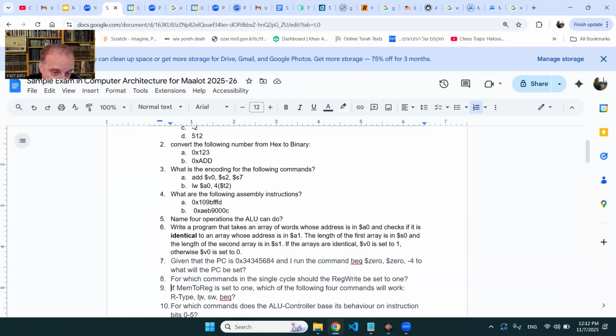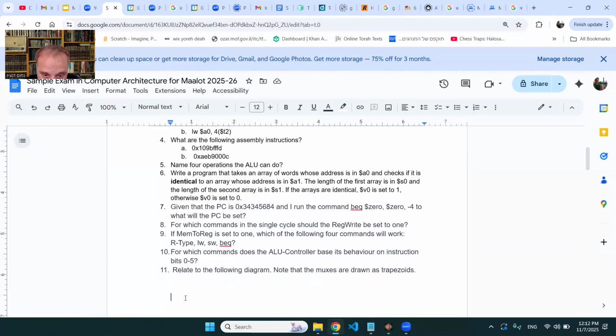Only load word is writing to a register, and therefore he... I mean, sorry, he will work. I'm saying it so many times that I'm getting myself confused. The R type will not work. All the other ones will work. The load word will work because it's set to 1, and 1 means write what you read from memory. The R type needs a 0 over there because it's not what you read from memory.